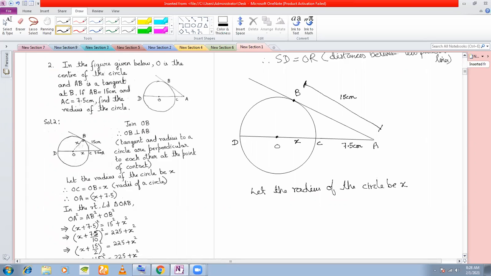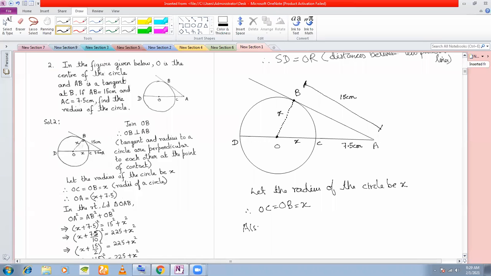What you do is from O, you draw a straight line to join OB. So we have joined OB. This also becomes a radius. So this length is also x. You write therefore OC must be equal to OB must be equal to x.